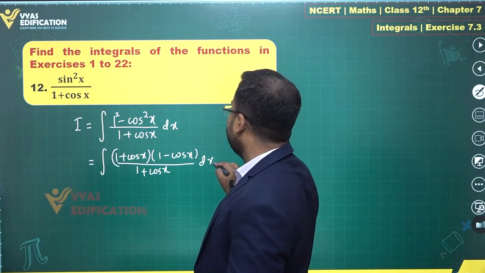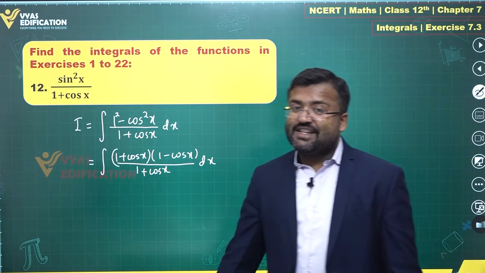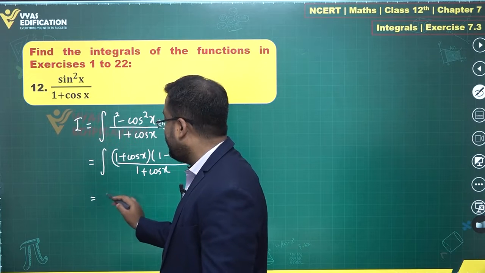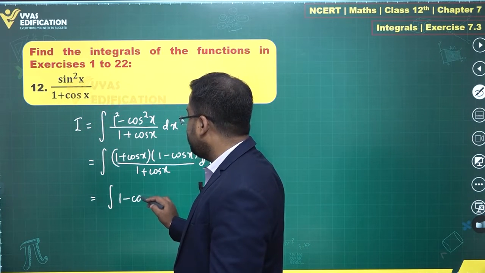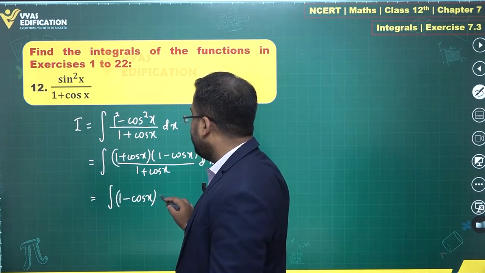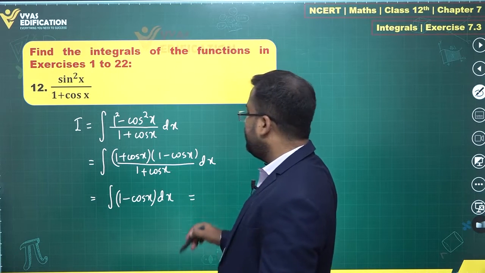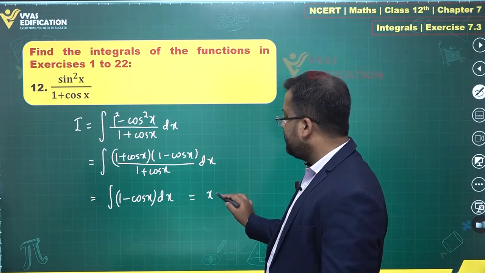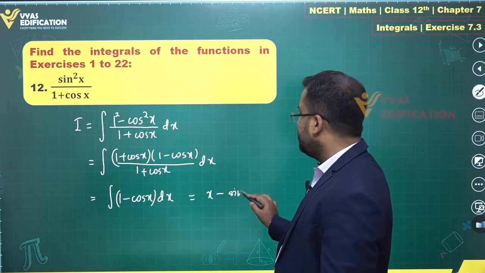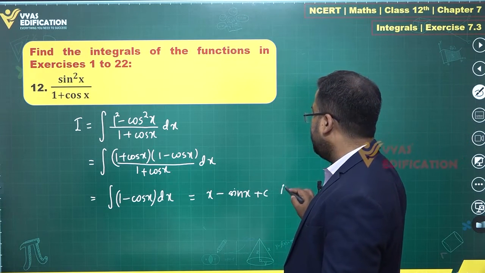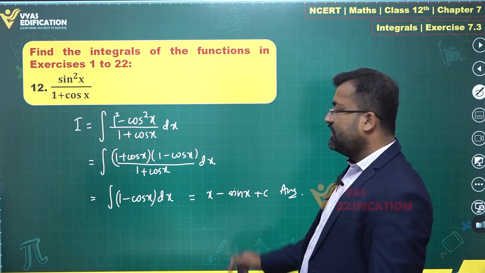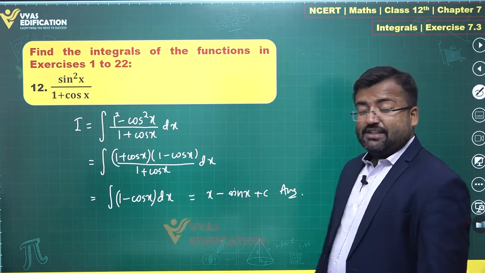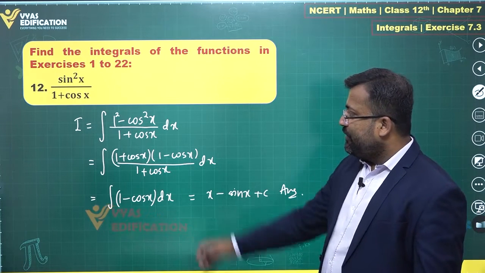With 1 plus cos x, you can now see this particular term of the denominator, which was creating a problem, gets cancelled, and what remains is 1 minus cos x in the numerator dx. Integration of this 1 minus cos x is not difficult. The integral of 1 with respect to x is x, the integral of cos x is sin x, and you have a constant. That's the required answer for this question. That's the complete solution. Don't need to do anything much.